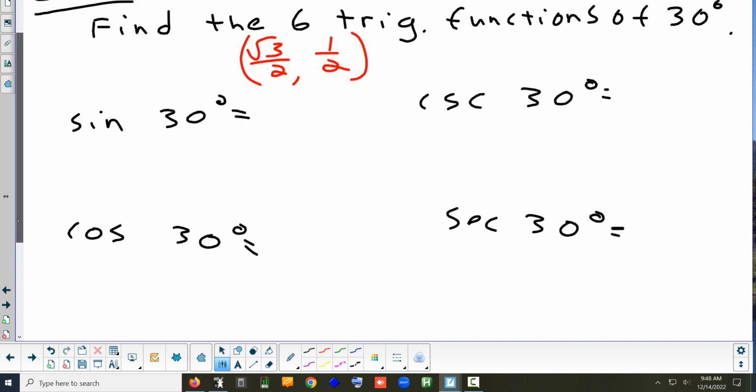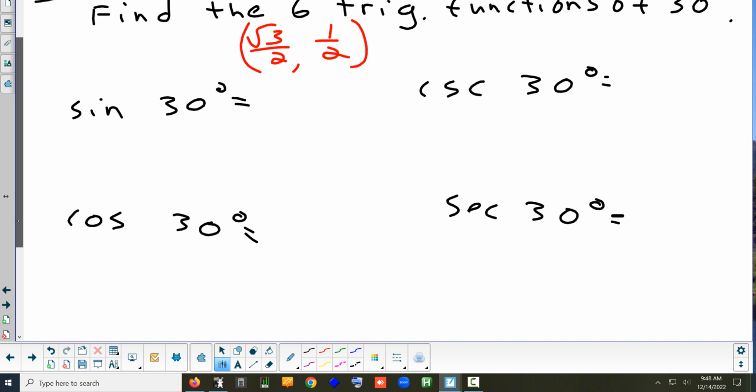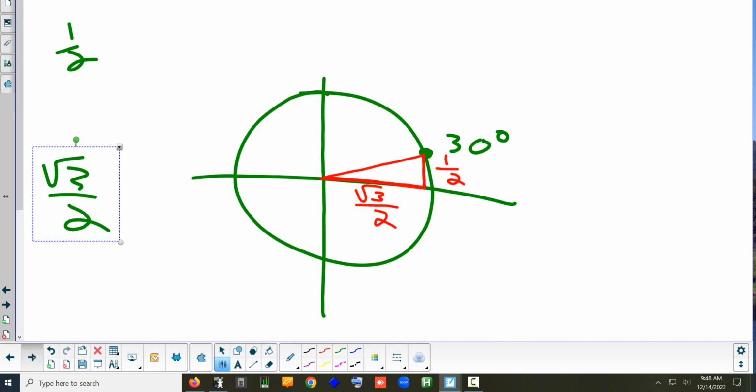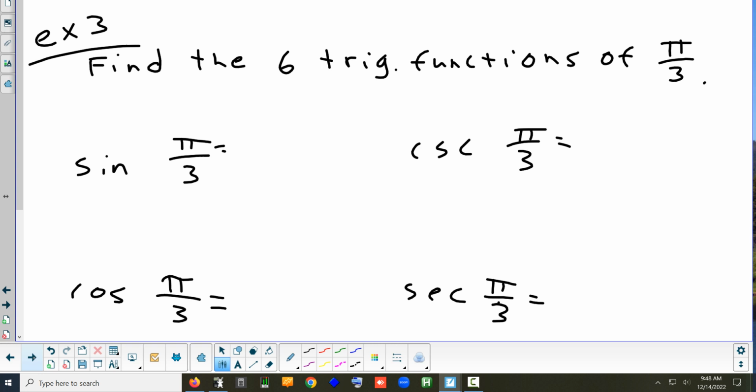So any questions on how you would plug that point in? It's just like the second one in the video from today. This is the second one in the video because this is pi over 3. What's pi over 3 if you write that in degrees? 60 degrees.